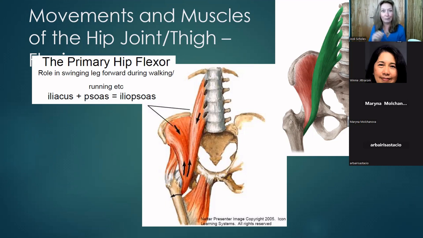Also, remember your SITS muscles, I'm jumping to the upper body for a second. So remember your SITS. That represents your rotator cuff, right?